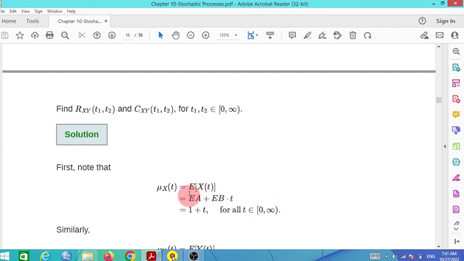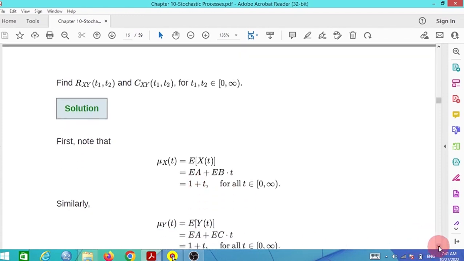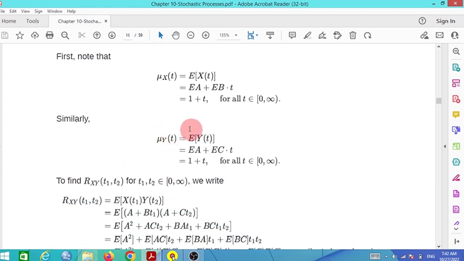The expected value of A is 1. The expected value of B is 1 because this is normal with mean 1. Similarly, calculate this for Y. This is the mean of X, this is the mean of Y.